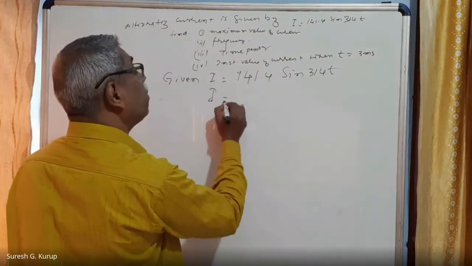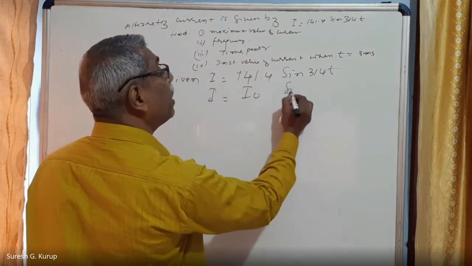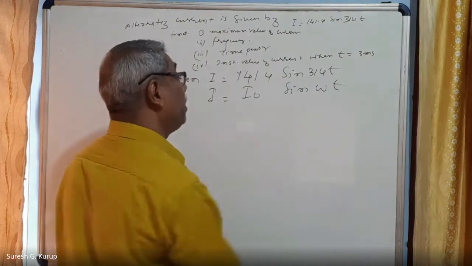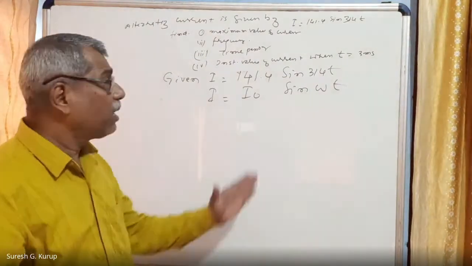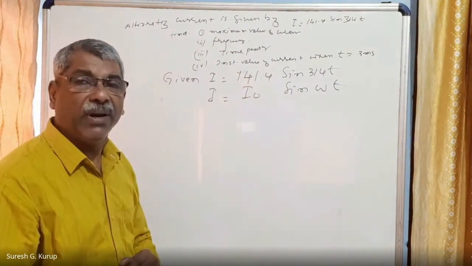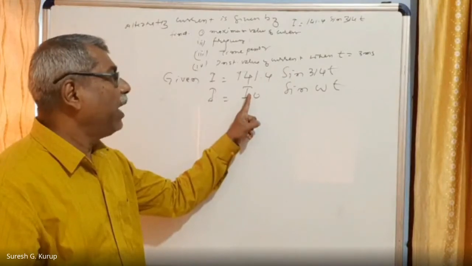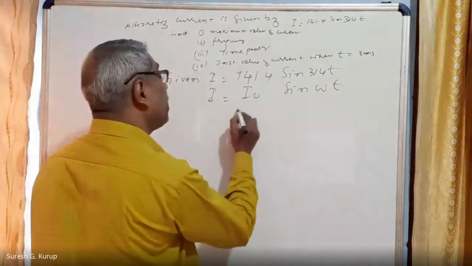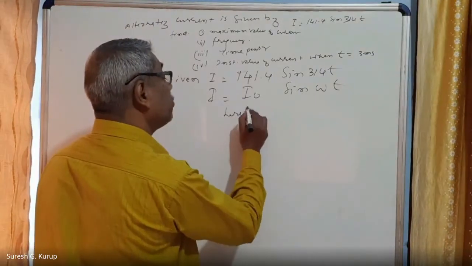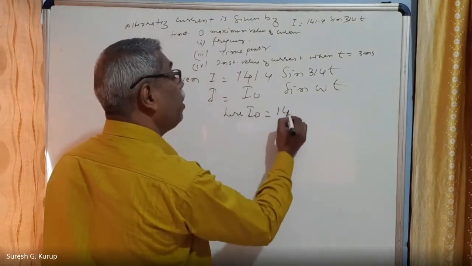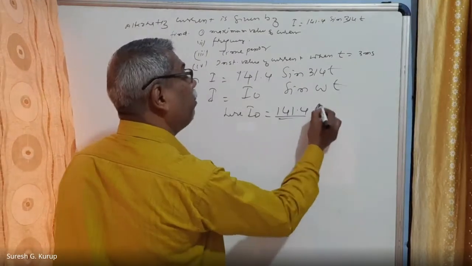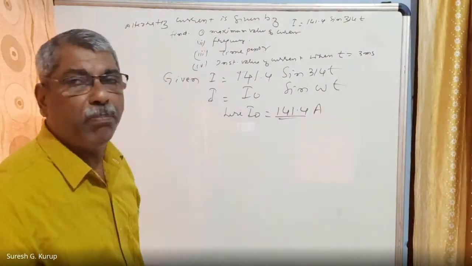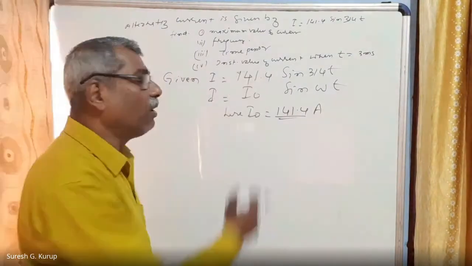I is equal to I0 sin omega t. When the basic relation and the given relation are compared, we get I0 is equal to 141.4. That is, from the relation we can write I0 is equal to 141.4 ampere. And this is the peak value of current according to this relation, right?